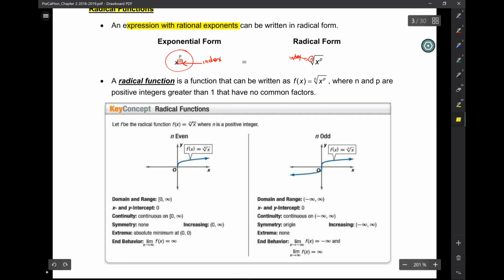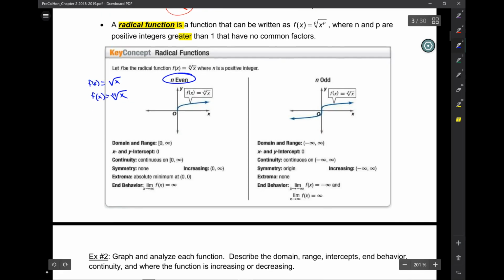Okay, so let's talk about radical functions. Is it the same if you have a square root versus a cube root? No, right? So if you have an even index, for example, f of x equals root x, f of x equals fourth root x, what's the biggest issue that you could have? The biggest issue is that you can never allow the inside, the radicand, to be a negative number.